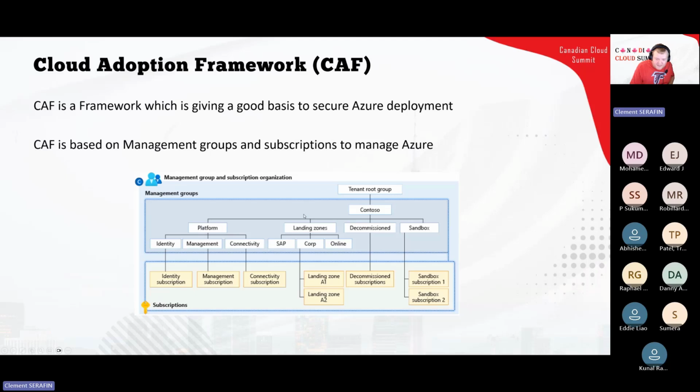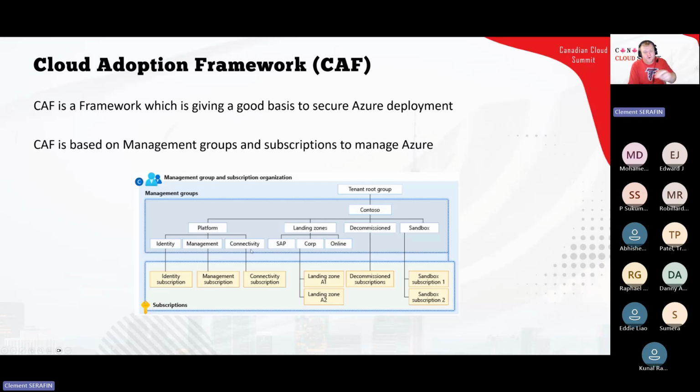So I will have all my applications on the landing zone. If I have my permission on my application, that means, because I'm on the management group under landing zones, I don't have access on the platform. And that's what we are trying to do: isolate the platform. We don't want someone managing an application to have the possibility to touch the identity, the management, or the connectivity.